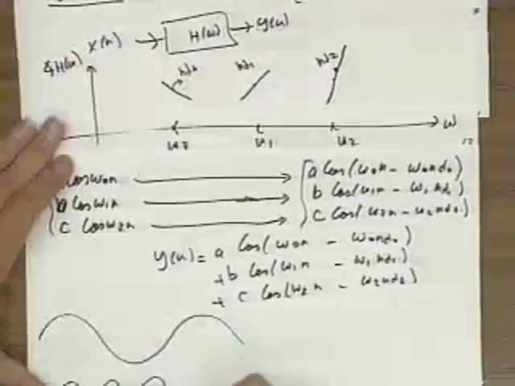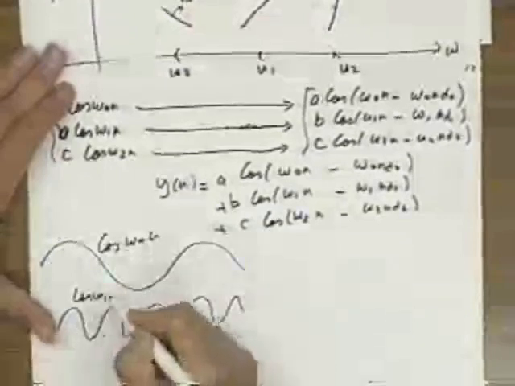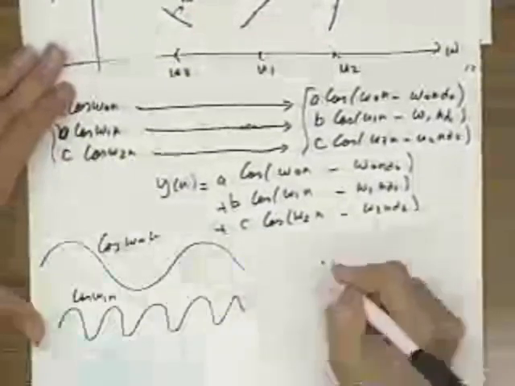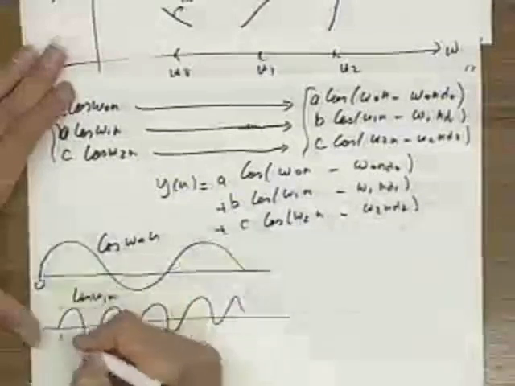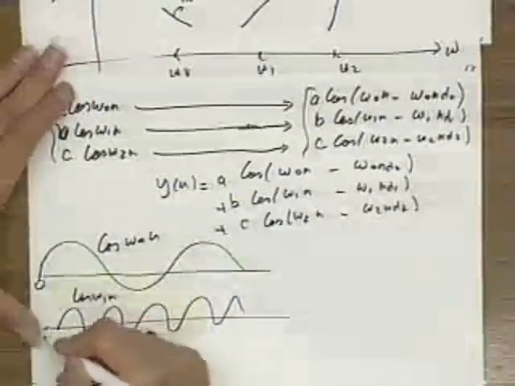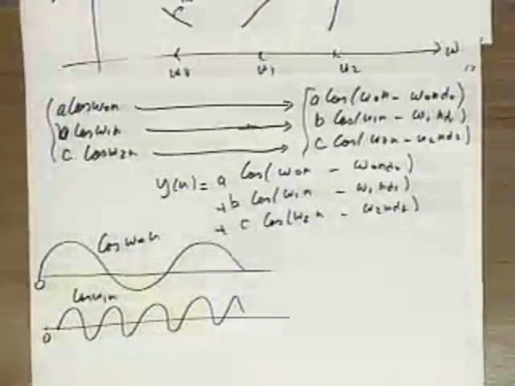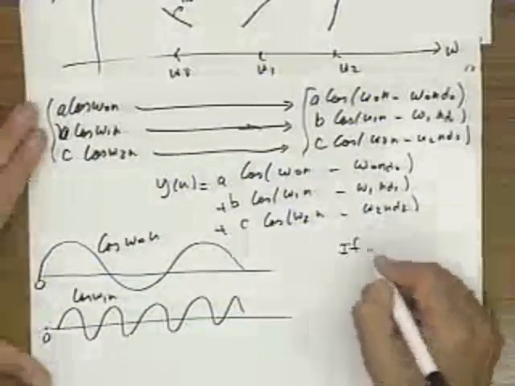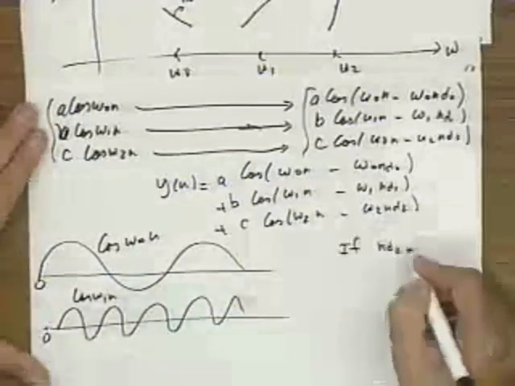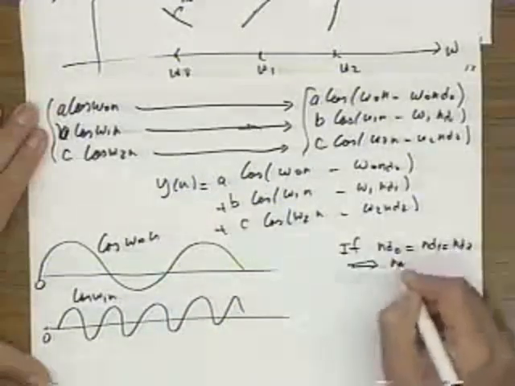What I'm trying to say is that if n d naught, n d1 and n d2, the three delay elements, are not the same, and I had this sort of relationship between cosine omega naught n and cosine omega 1 n, and they got delayed by different amounts, then when I add them up, the waveform looks distorted.